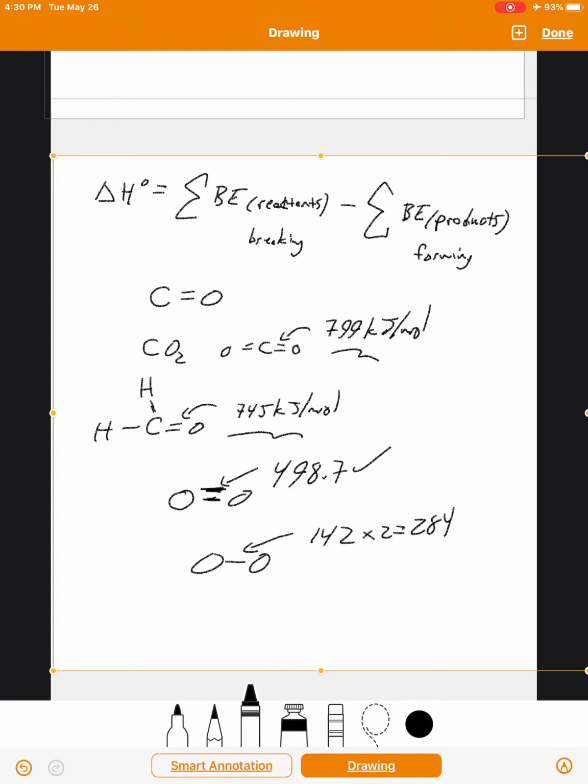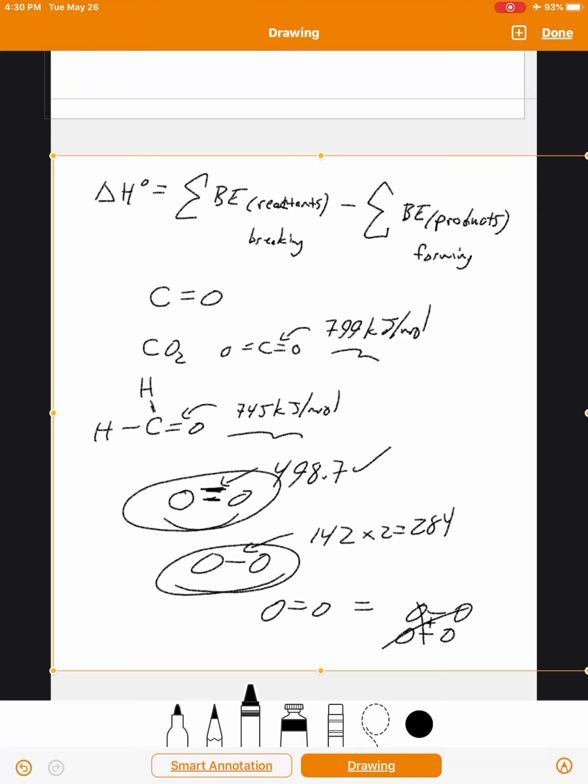So you cannot add those two together and say they are equal. Be careful with that. You need to get the Lewis structure and know whether a bond is a single, double, or triple bond to be able to do those calculations correctly.